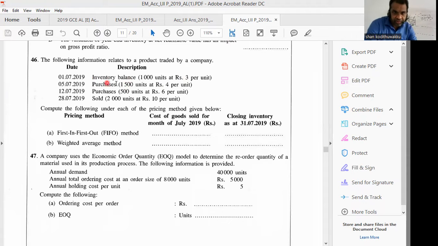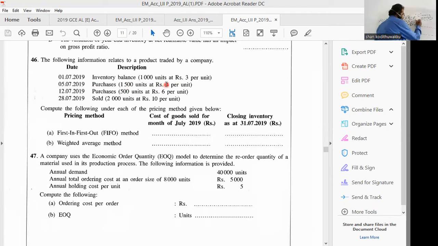Then the closing inventory. Under FIFO, you issue from the older stock. That means you first issue what you bought earlier. Then you finish your opening inventory. Then from the first purchase, 5th July 2019, you issued 1,000, so the balance is 500 at 4.